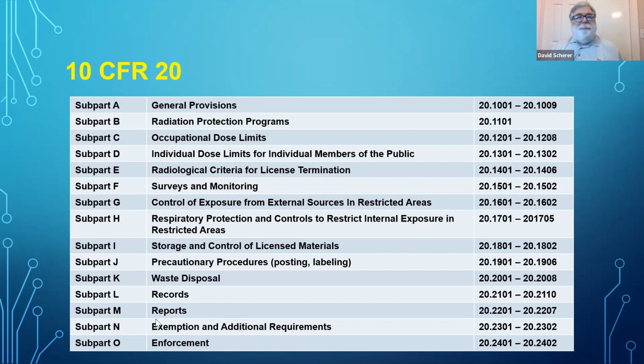If something bad happens, you need to report it to the NRC, and that's what those regulations are related to. Subpart N basically says the NRC can exempt somebody from any of these requirements for a good reason in a license, and the other part is they can add additional requirements that aren't in the regulations for good reason. That's what subpart N has.